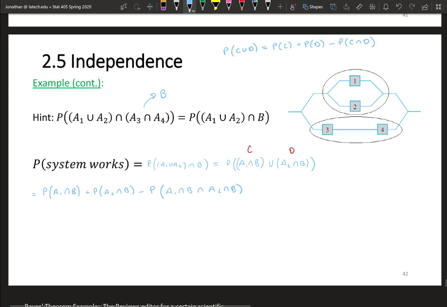But if I intersect B, I'm really just intersecting with B one time. You don't really have to write it twice like this, but I wrote it out twice just to be overly careful. That's our C intersect D, basically.